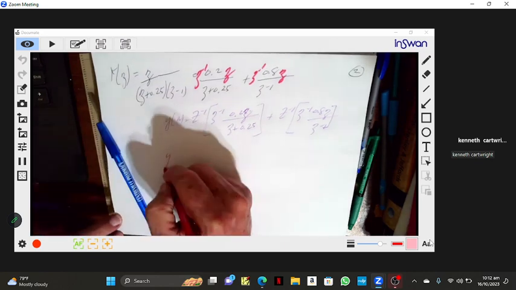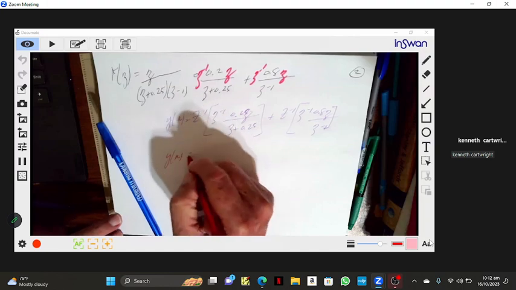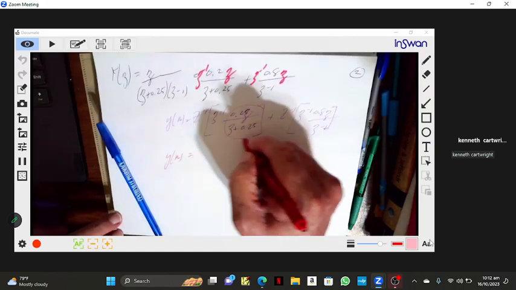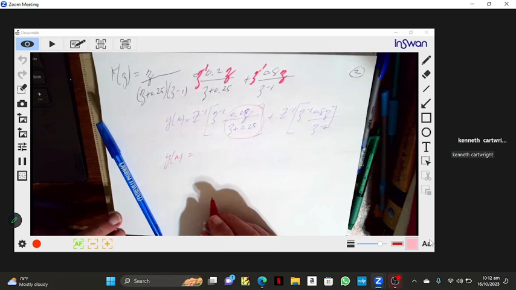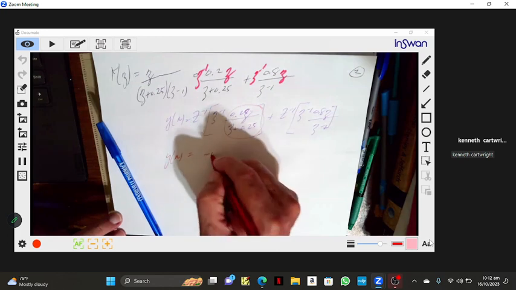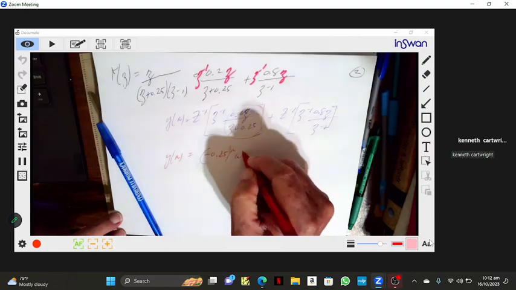Okay. And then from the table, this is the entry in the table. And that's minus 0.25 to the power of n, u of n.